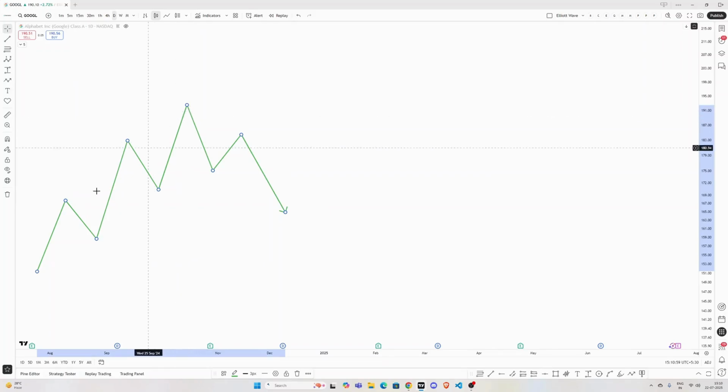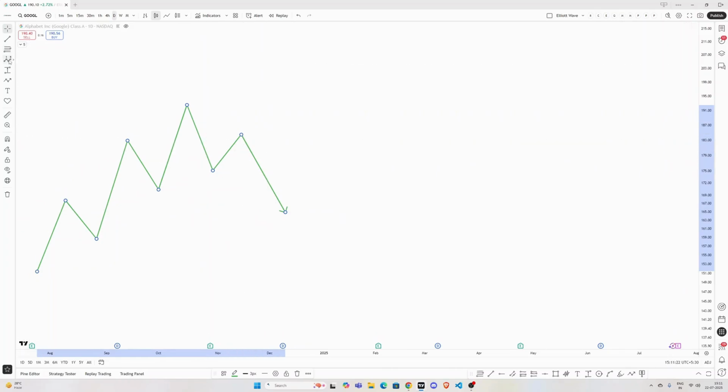This is an uptrend, so the primary trend is up, and 3 legs are counter trend, opposite to the primary trend direction. So these 5 waves are 1, 2, 3, 4, 5, and these 3 counter trend legs are A, B, and C. Right? So this is the uptrend.